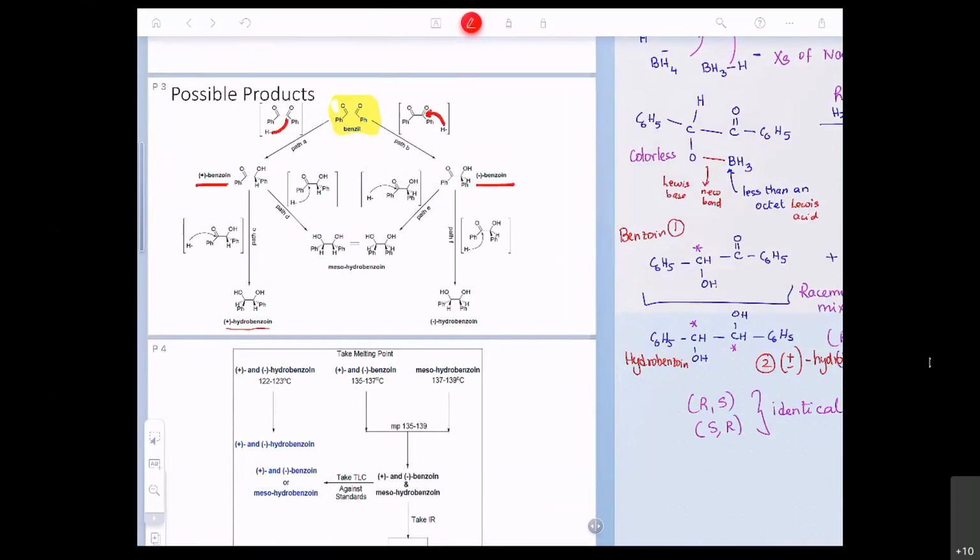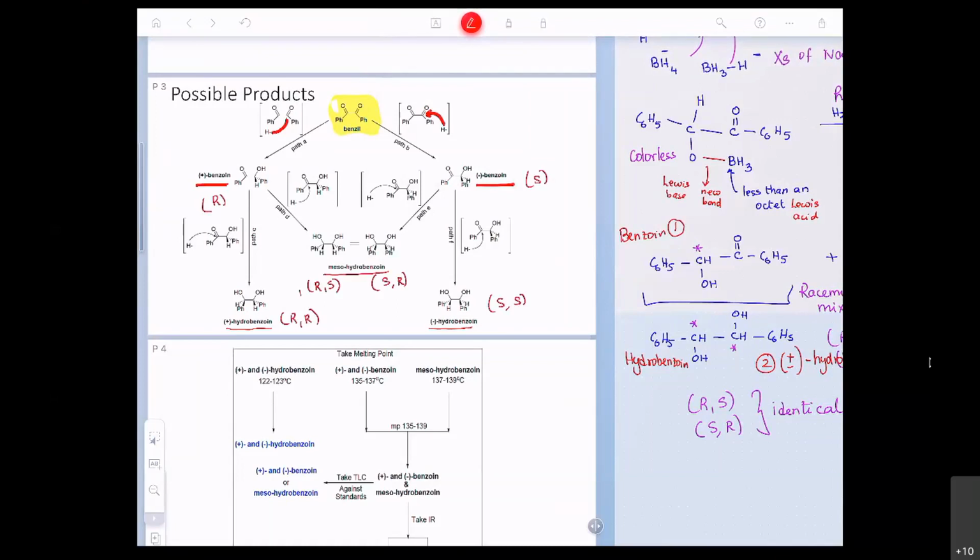So the plus hydrobenzoin and the minus hydrobenzoin, where again the hydride can attack from the top and bottom. Then you can get the meso-hydrobenzoin, which is the RS and the SR. So this is the RS and this is the SR. This is the RR and this is the SS. This is the R and this is the S. So you can get all these things.